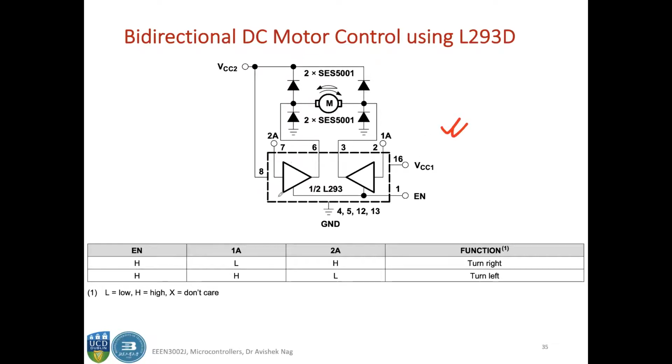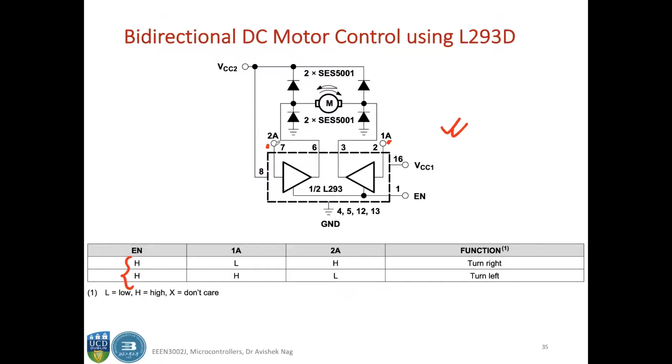Based on this you can have a connection like this. Your enables should be high anyway; if your enable is low, then you have a high impedance state. So let's say your enables are high, and if your 1A, which is this pin, is low and this 2A is high, then the motor will turn right.